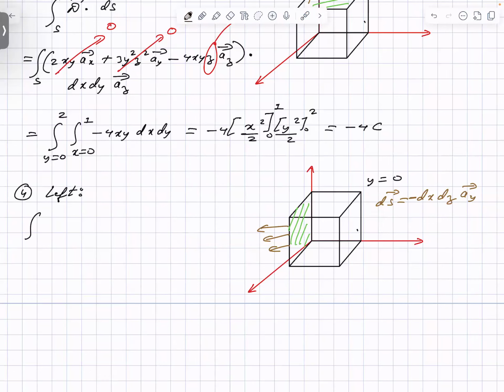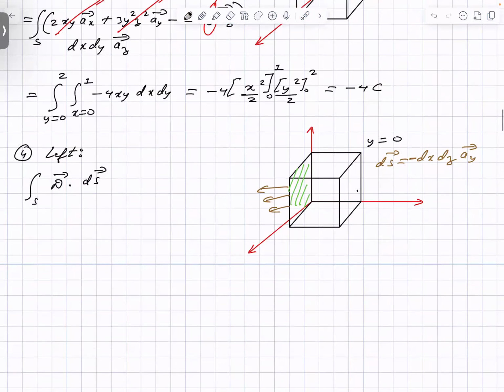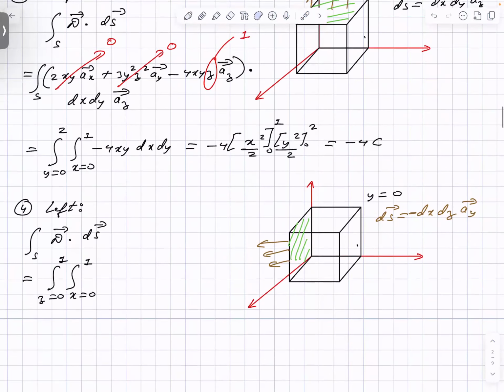And now again, we have to consider the surface integral of D dot ds. X varies from 0 to 1. Z also varies from 0 to 1. And the expression for D, we can copy from here.